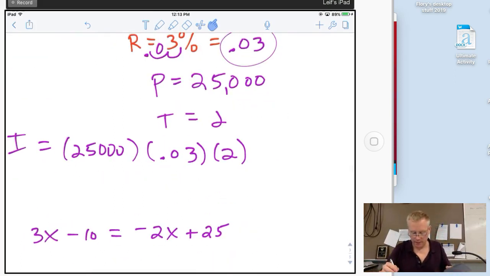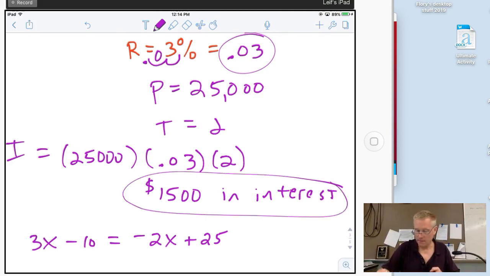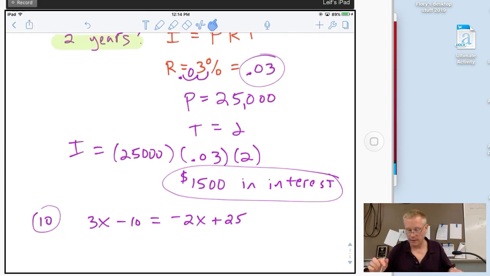And I'm going to multiply all that together in my calculator. 25,000 times 0.03 times 2, and I get $1,500 in interest. And that would be the answer, okay?